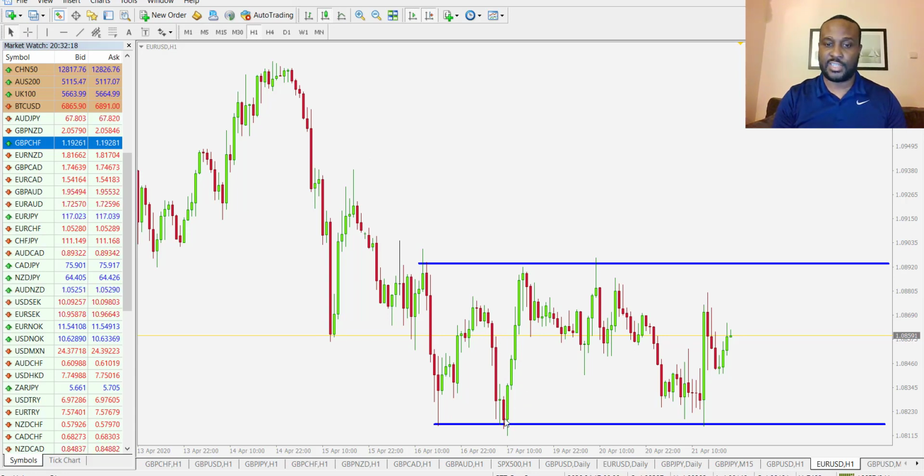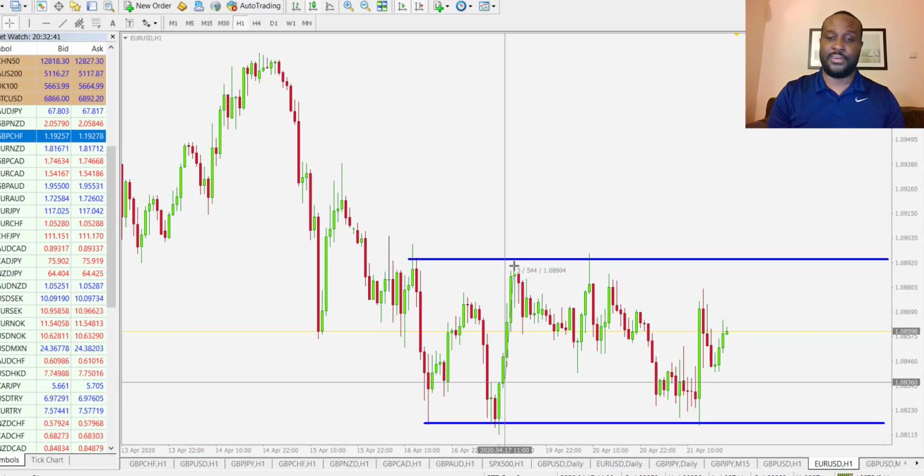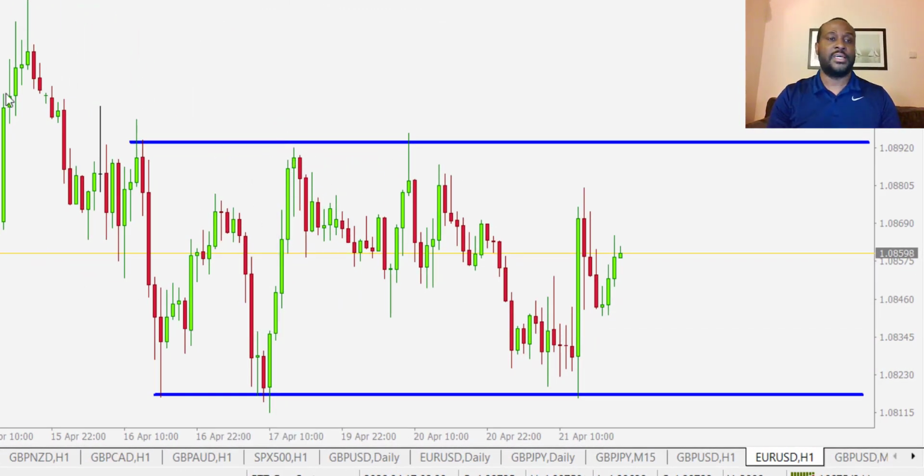So if price gets to this, the range is actually about 76 pips. So even if you took that trade, this particular one here, that gives you kind of 50 pips. 50 pips is sufficient to change your life every day. If you're doing 50 pips a day, you're constantly transformed.